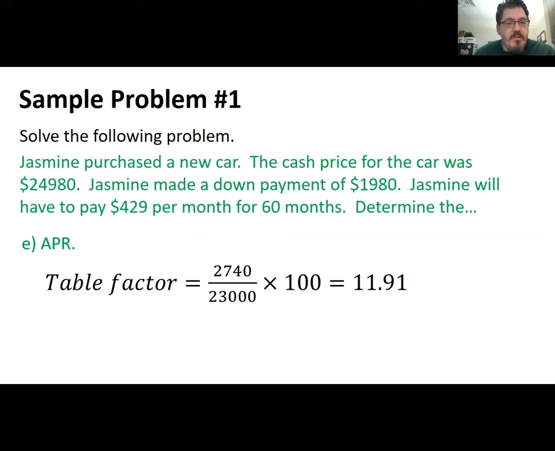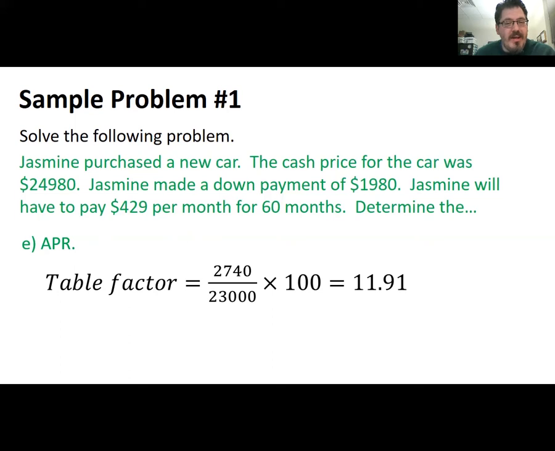We take the amount that she financed and the amount that she actually pays. That difference is the $2,740, the interest or finance charge that she paid. So we take the finance charge divided by the $23,000, and then convert that by multiplying by 100. That helps us figure out what this table factor is going to be.